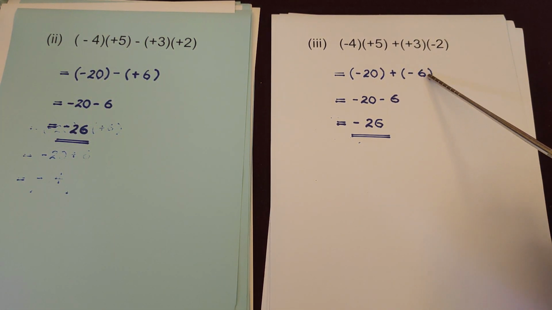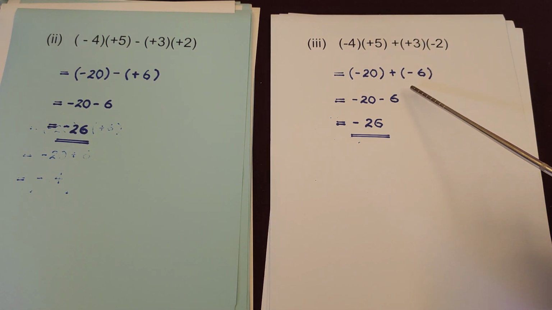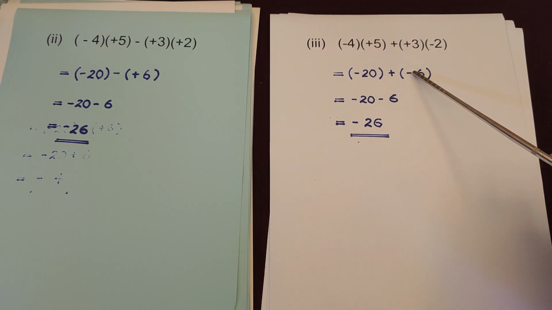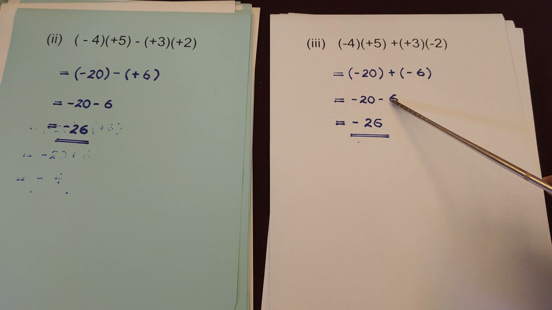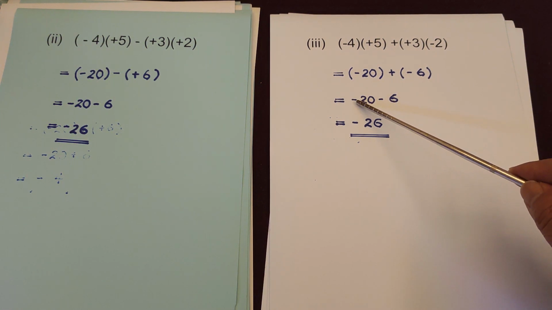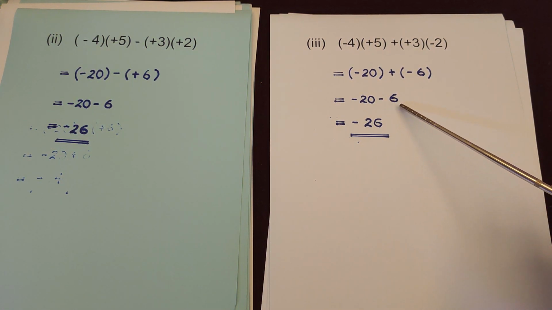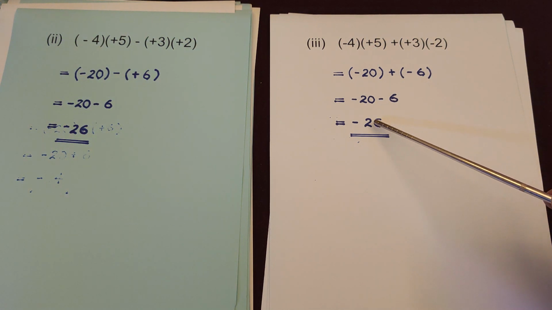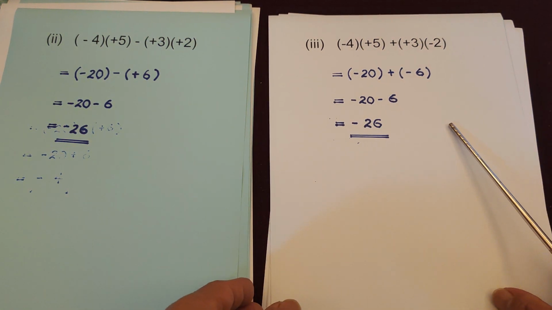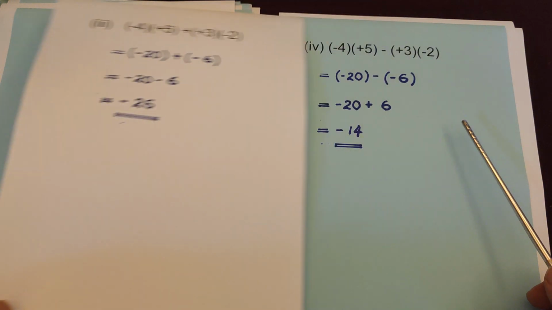So here we have negative 6. And in the next step, the first is positive, so the answer remains that of the second. It becomes negative 6. So we have negative 20 and negative 6, and it makes negative 26.